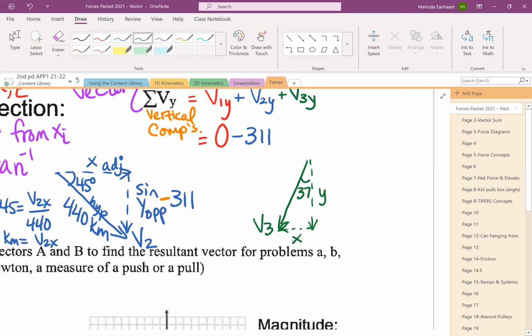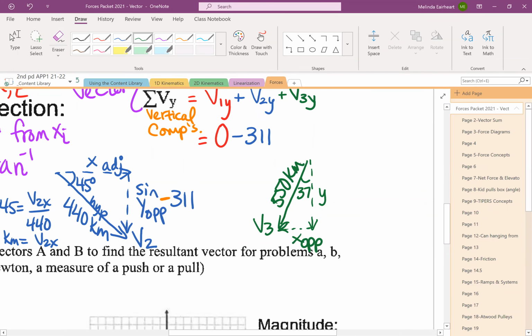And I would have said, well, remember back in the day with 2D, I said most of the time you do that. I said, we'll get to when you don't. Here's where we don't. The x component is not adjacent to 37 degrees. It's actually the opposite. And the 550 kilometers they gave us would be the hypotenuse.